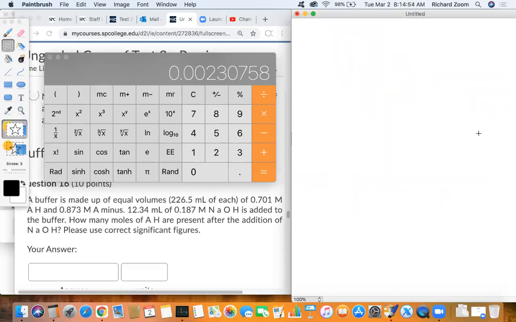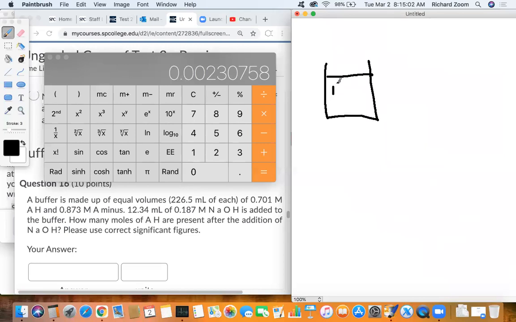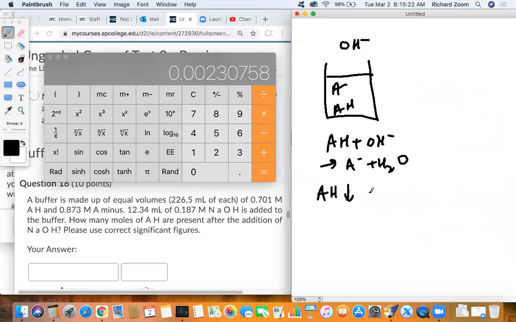The main thing with these questions is knowing that when you've got a buffer solution that contains A minus and AH, and you add OH minus, the OH minus reacts only with the AH, turning into A minus and H2O. Sorry, the AH goes down and the A minus goes up.